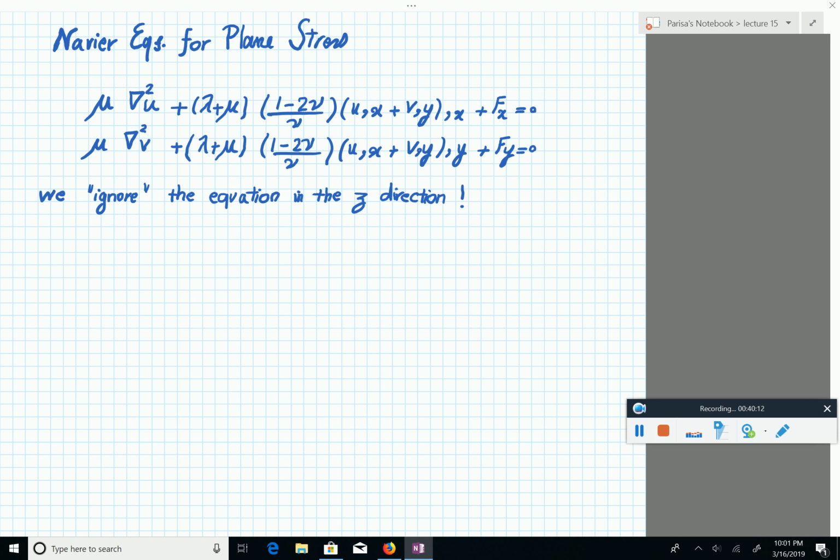To make things simpler, we just forget about some of these terms, and this is a main difference between plane stress and plane strain. Plane strain is mathematically clean and exact. If the assumptions are satisfied, the mathematical description is exact. Plane stress is approximate.